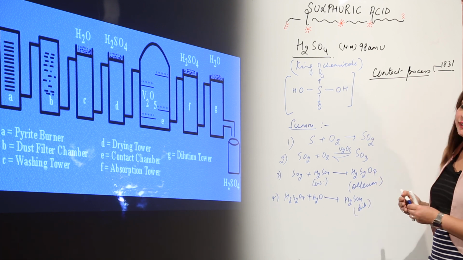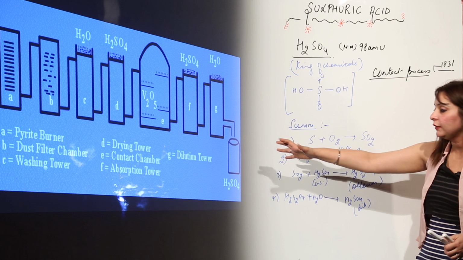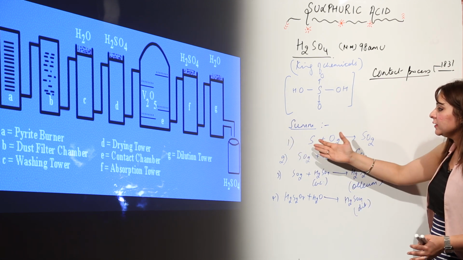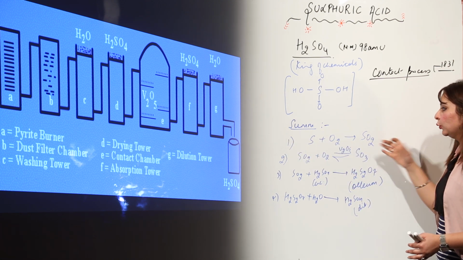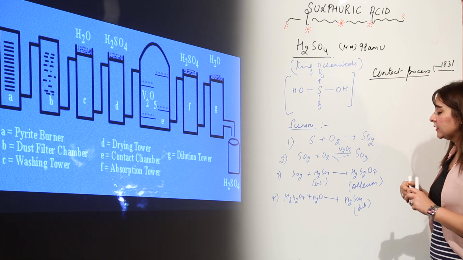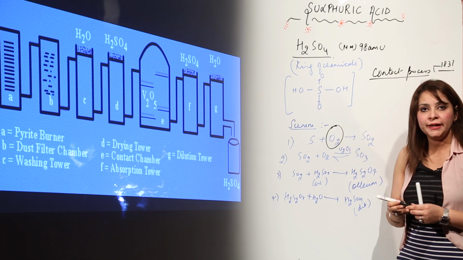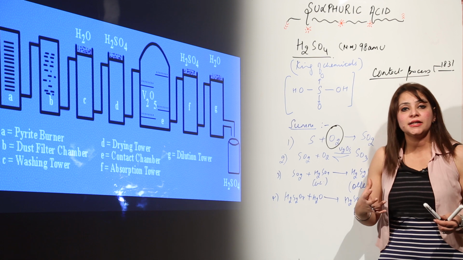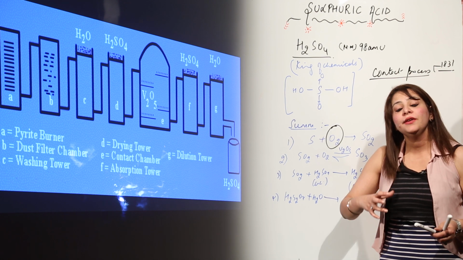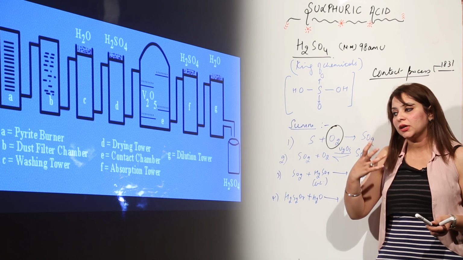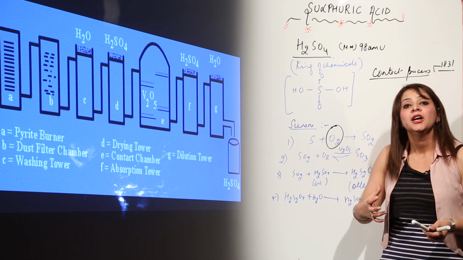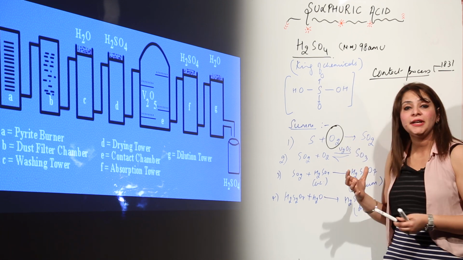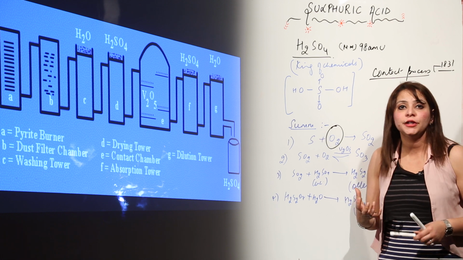So these are the reactions which are taking place. First, the burning of sulfur, that is S plus O2 giving SO2, and you should know that we use only O2, because air also contains nitrogen, and if we use air containing nitrogen, it doesn't help the reaction happen, as it just attaches itself with impurities.